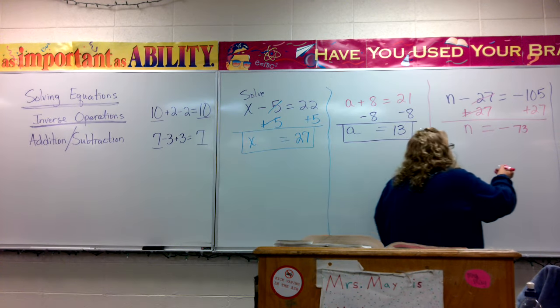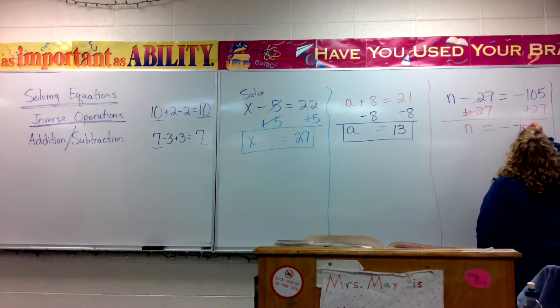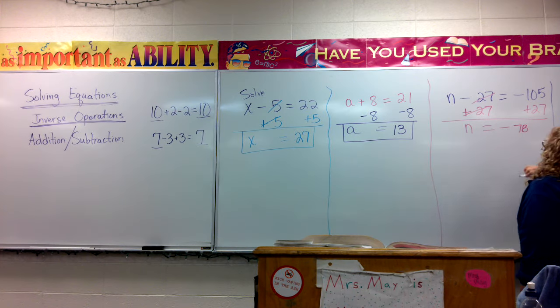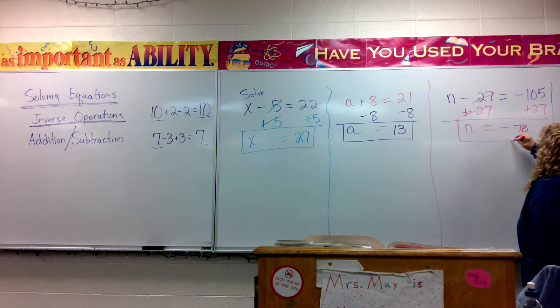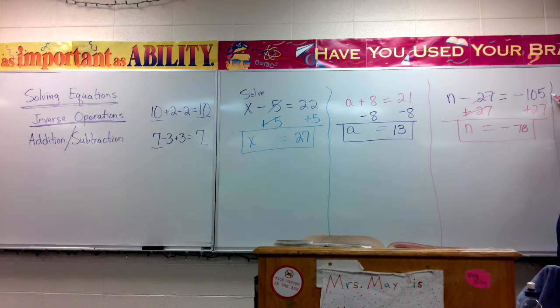Oh, good. I can just go like this. 153, yeah, negative 78. So you might need a calculator to do that one. 105 negative and a positive 27, negative 78. Are we good so far?